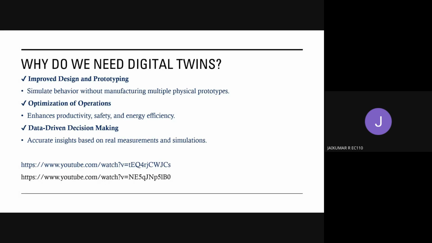So you can have the actual system functionality in your digital twin. So you can have accurate decisions on your design, or you can have a real measurement of your original system functionality for simulation.